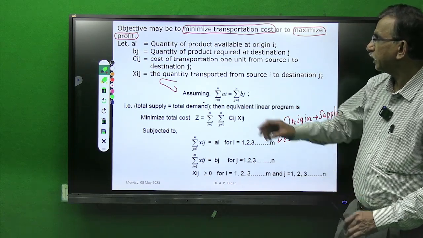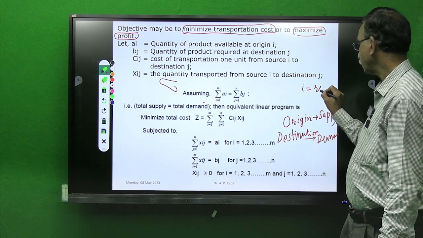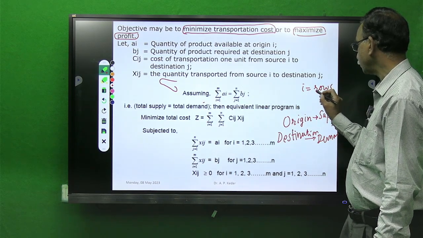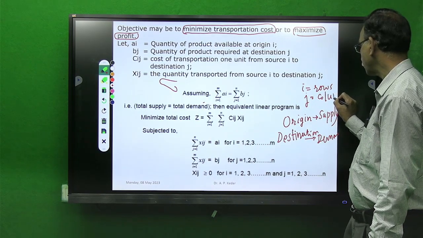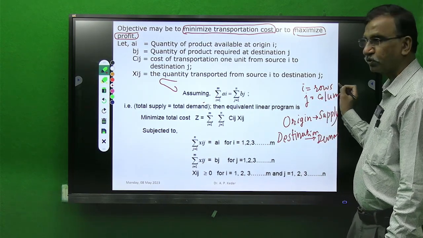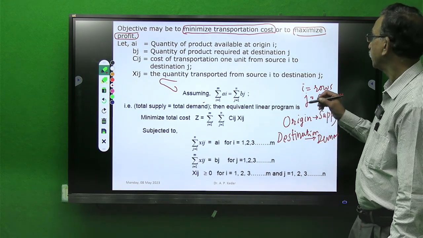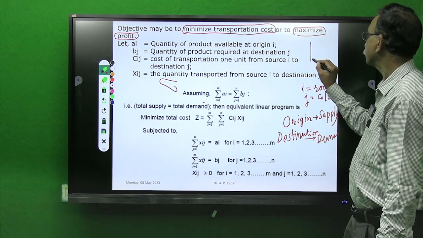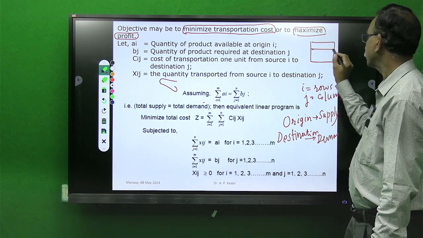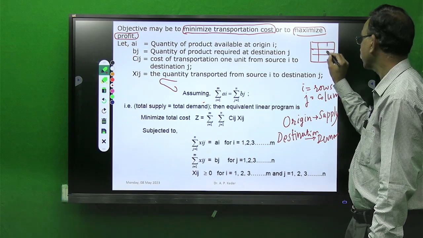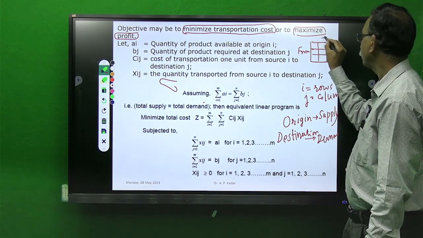Now let a_i, now again one thing, i stands for, that is a common mathematical concept, rows, and j's will be for columns. i will stand for rows and j's will stand for columns. Let me draw a simple matrix. Suppose I draw here a 3 by 3 matrix, and here I write from, to.